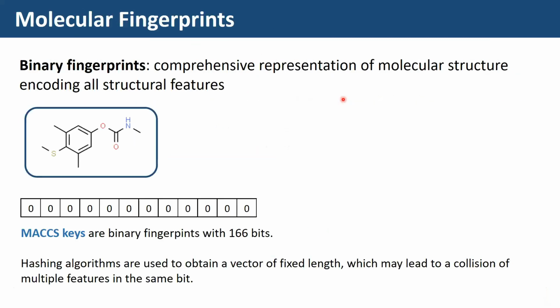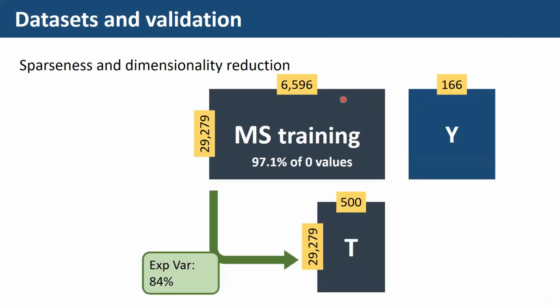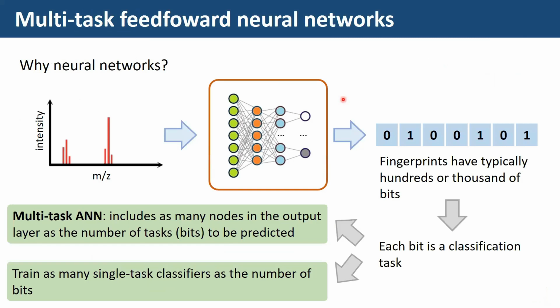We chose neural networks because it was easier to handle just one model and predict all the bits, even because we expected that the information we had in the Y matrix, if it was modeled at the same time, could improve the performance of the model. I don't know if this is true or not, but it was just a reason of simplicity.